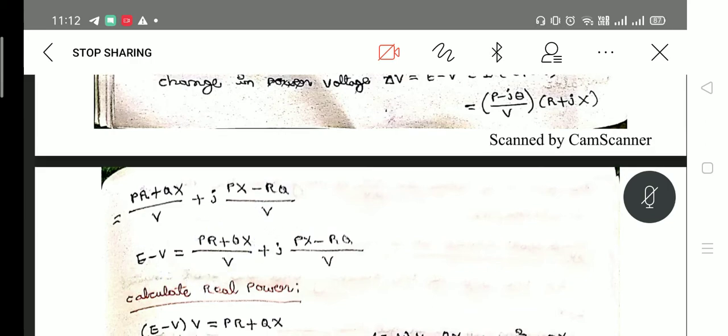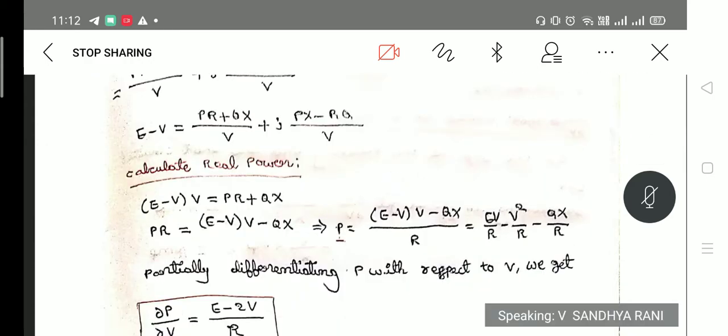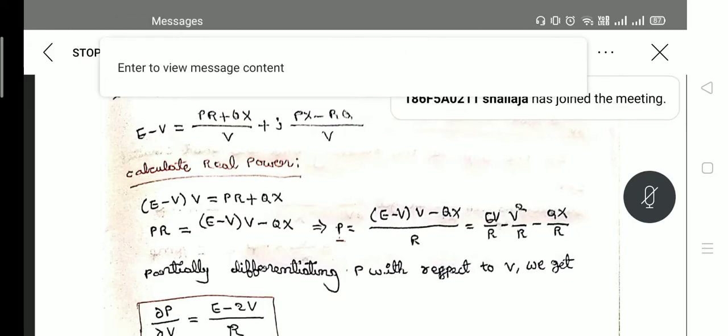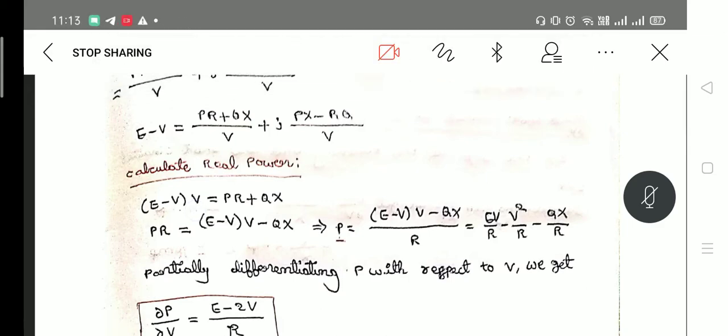E minus V is equal to (PR plus QX) by V. So I cross multiply this V from this side: (E minus V) into V is equal to PR plus QX. Taking only PR on this side, we get (E minus V) into V minus QX. From this, P is equal to ((E minus V) into V minus QX) by R.